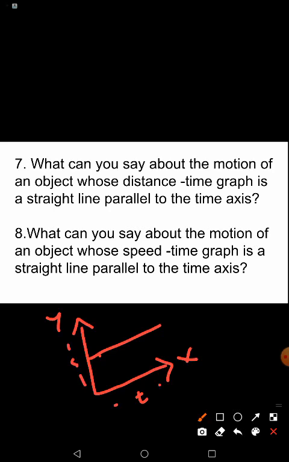If the object is showing a line parallel to the time axis, then the speed of the object at every instant of time is just the same. So the object is moving with a constant speed, or you can say the object is not showing any acceleration at all. So when you find a straight line parallel to the time axis on a speed time graph, you can say the object is moving with a constant speed. Clear to you?